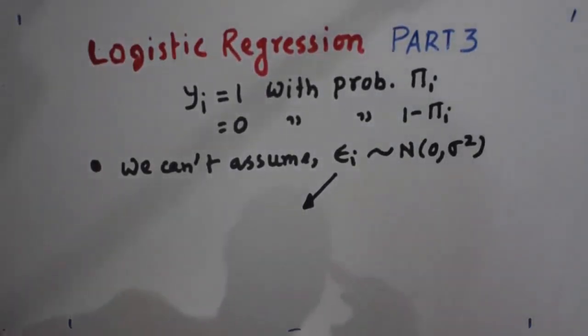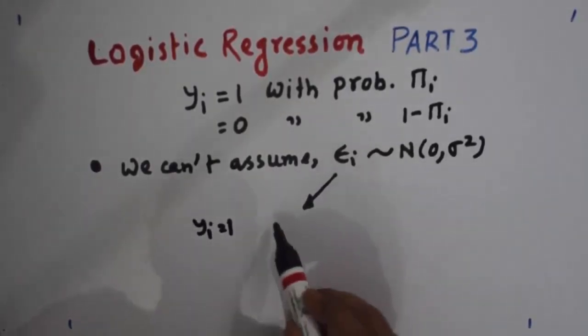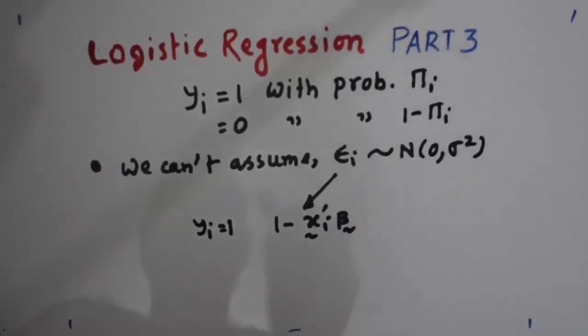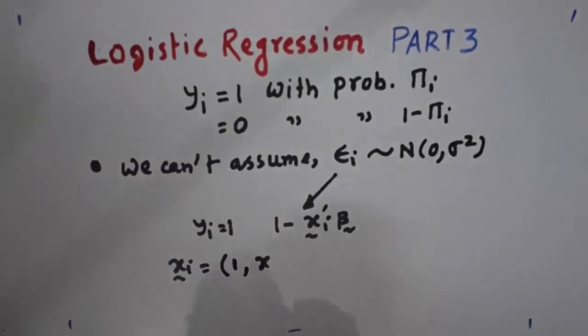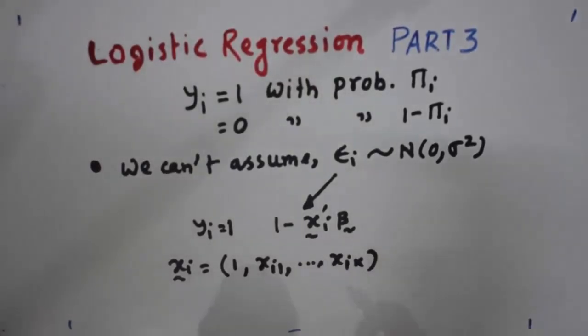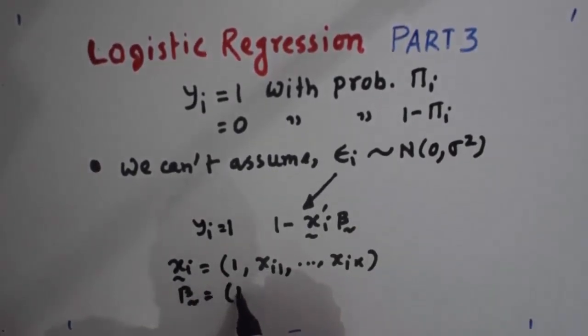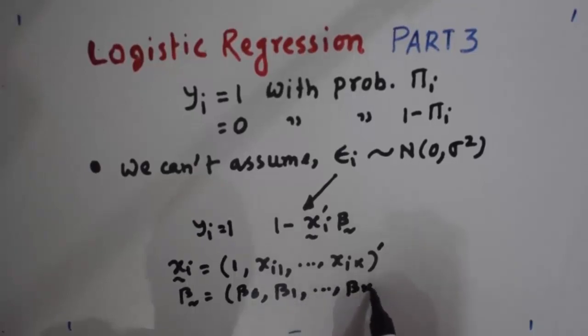when yi takes two values, either 1 or 0, then when yi equals 1, epsilon i takes 1 minus xi curl prime beta curl, where xi curl equals 1, which corresponds to the intercept term, xi1 up to xik, since we considered k explanatory variables, and beta curl equals beta naught, beta 1, up to beta k prime.